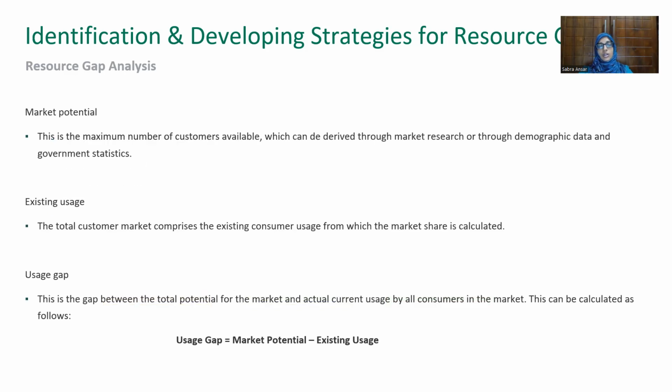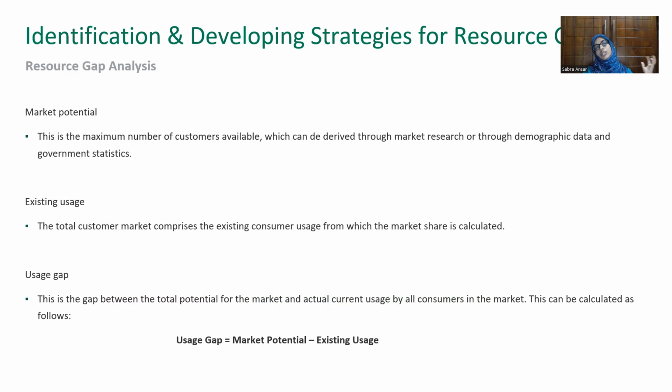Now we'll be talking about usage gap. Usage gap is the gap between the total potential and the actual current usage by all the customers in the market. As you can see, it is generally calculated as market potential minus existing usage.